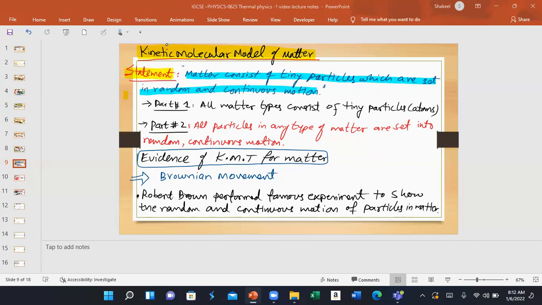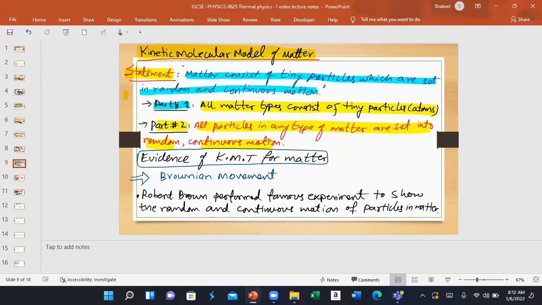Random means that you cannot figure out their direction, and continuous means that they are never stopping. So part one of this theory is that all matter consists of particles or atoms. They are made up of atoms. And part two is that all particles in any type of matter are set into random and continuous motion.